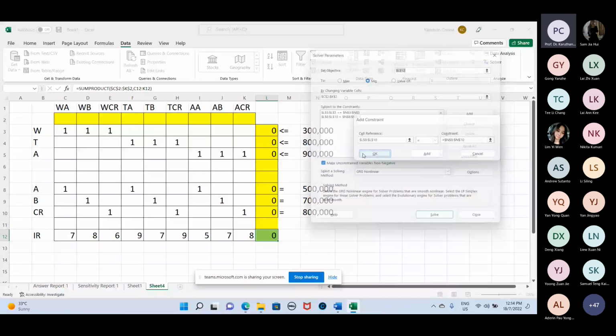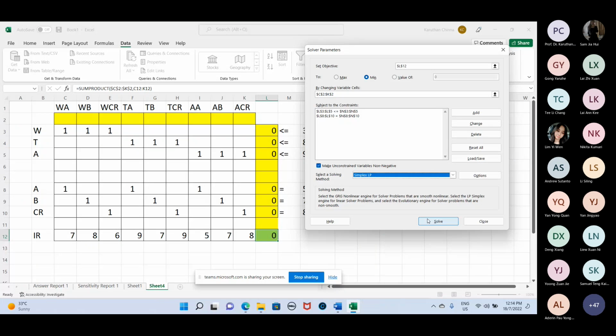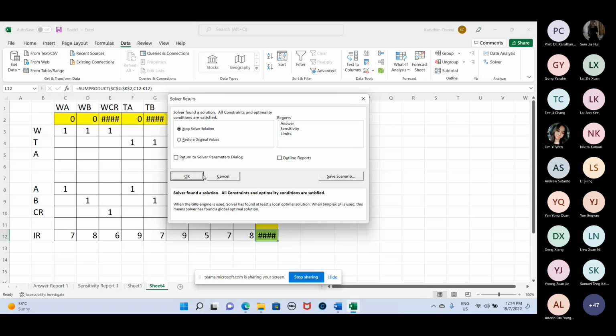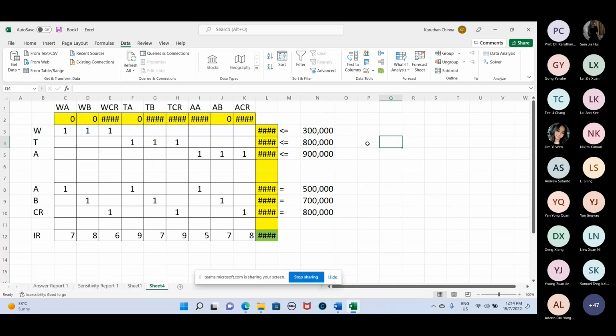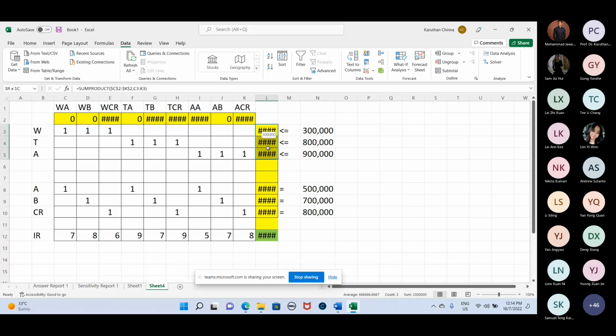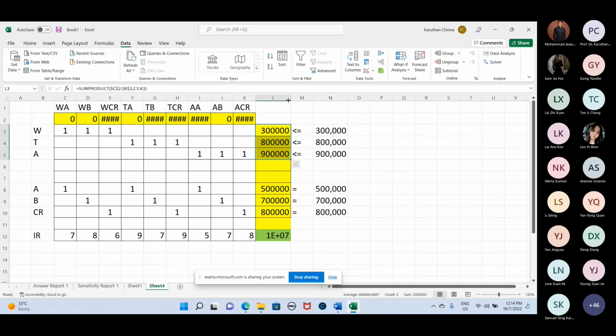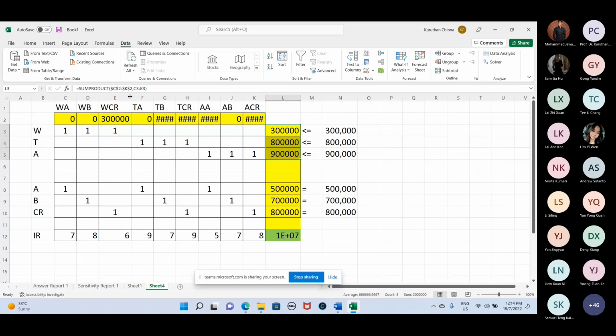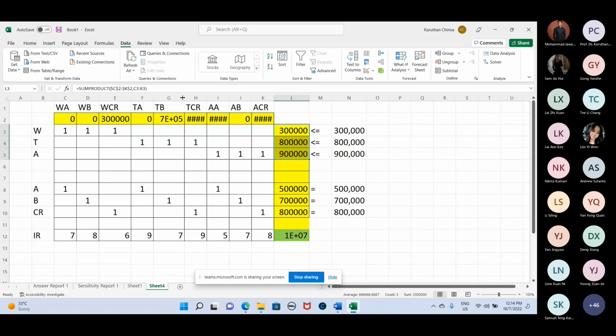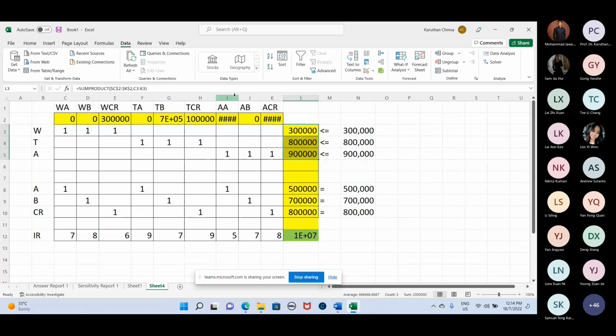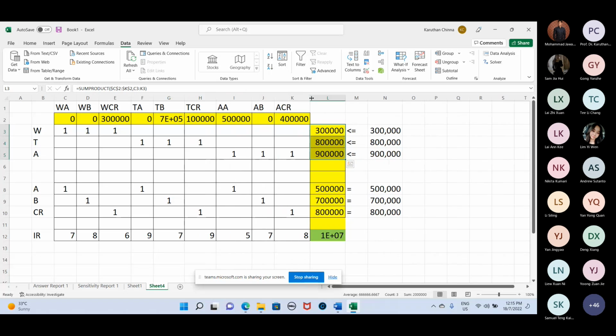Change it to Simplex. I don't know why this came out so much. 1, 2, 3, 1, 2, 3, 1, 2, 3.